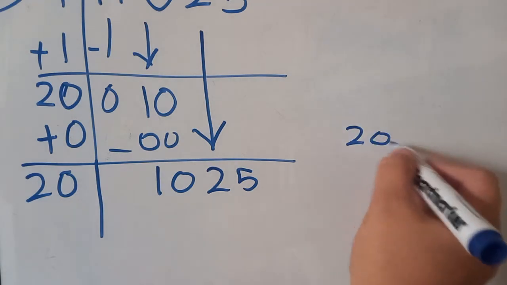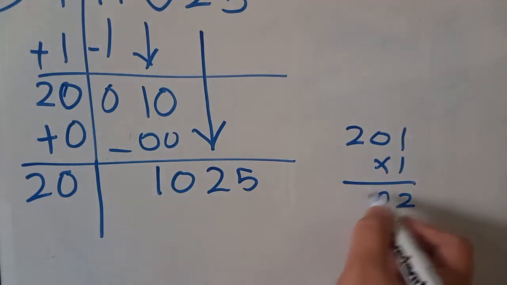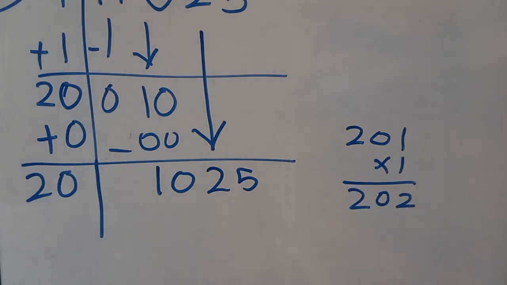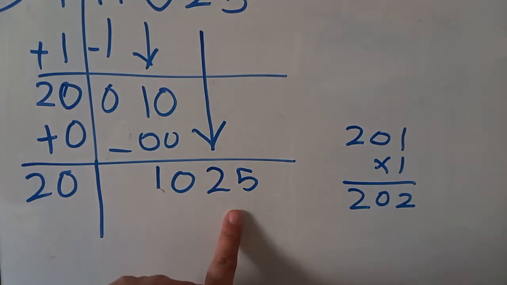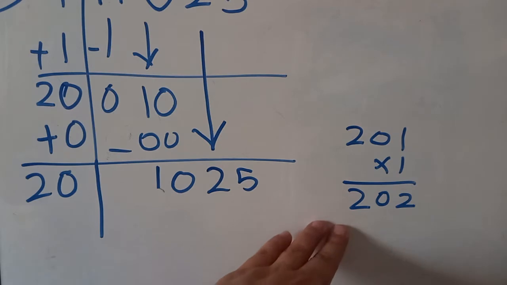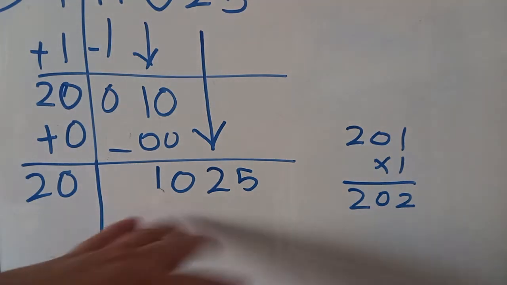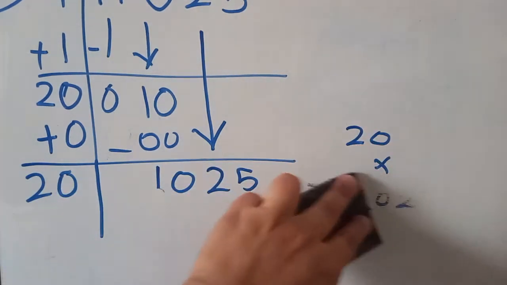If we are multiplying with number 1, we will take 1 times 1 is 1, 1 times 0 is 0, and 1 times 2 is 2. Now you have to use your common sense. Now this number is 1025 and this number is 202. So this is a very small amount. This is a very small digit, so we are going to a slightly bigger number. Now we are going to multiply it with number 4.